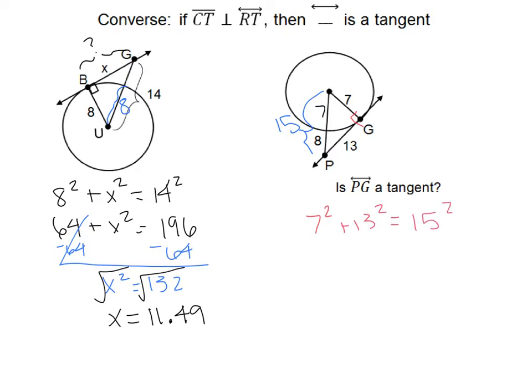All right, 7 squared, 49, plus 13 squared is 169, equals 15 squared, which is 225. 49 plus 169, 218 equals 225, which, nope, that's not true.